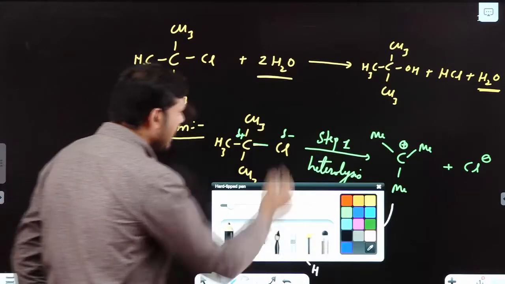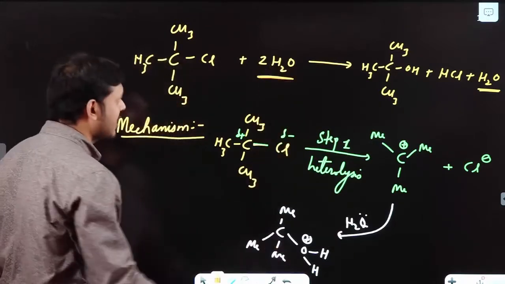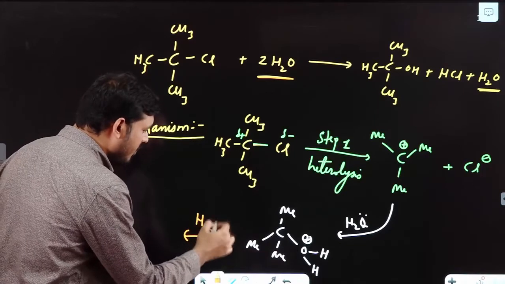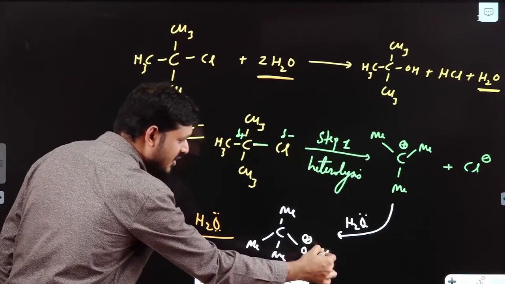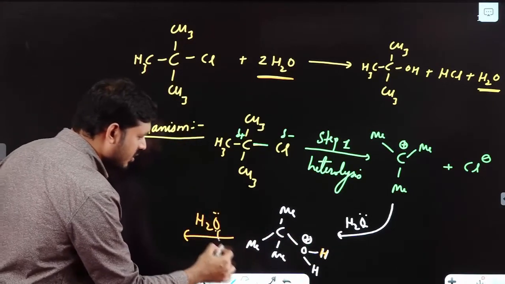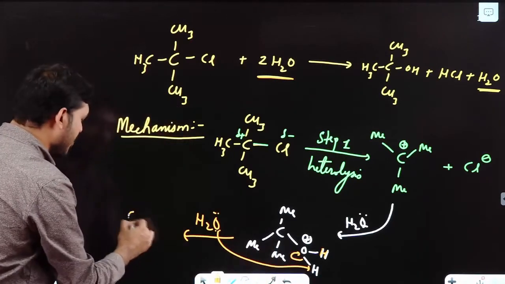Now here in the reaction I have taken 2 moles of H2O. What is the role of the second? Another mole of water will remove this H plus, so that the desired product will be obtained. So as it attacks here, you will get the desired product.